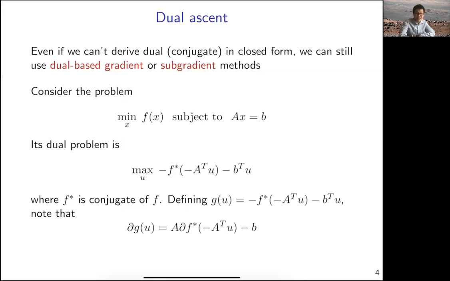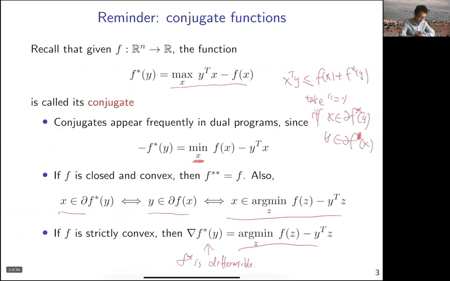But what if we cannot actually derive the dual? What if the Lagrange dual is not available in closed form, so we cannot directly optimize it? In this case, we can still think about how we can solve the dual using gradient-based methods, and then leverage the previous facts that we talked about in the last slide, that essentially construct the gradient of the dual by solving an optimization problem involving the primal.